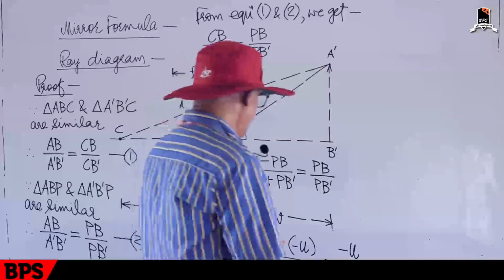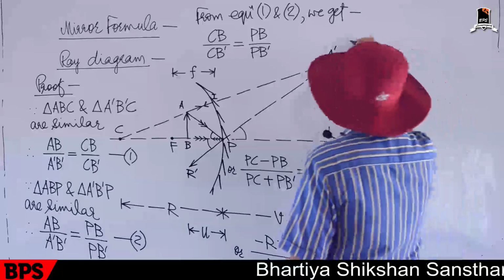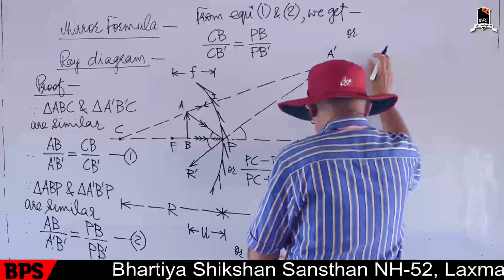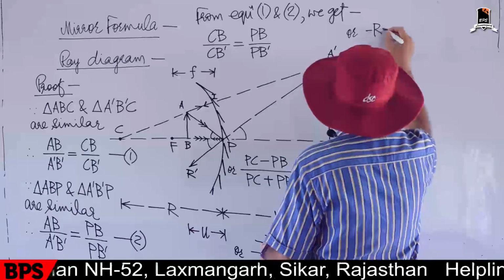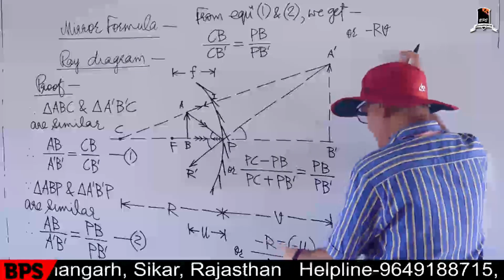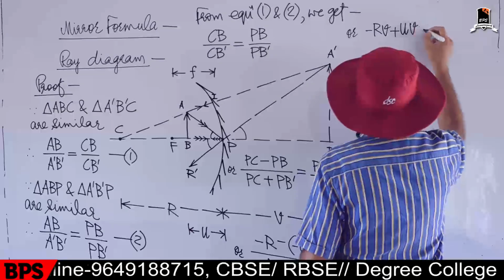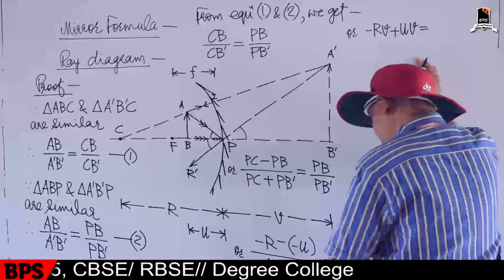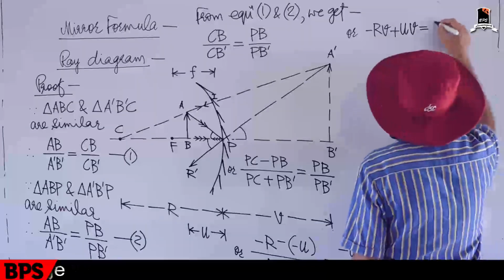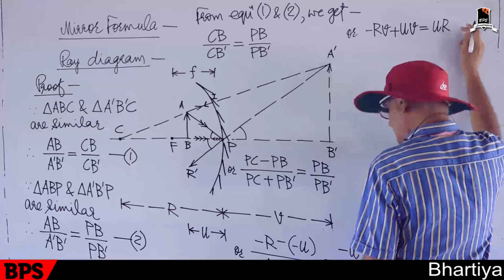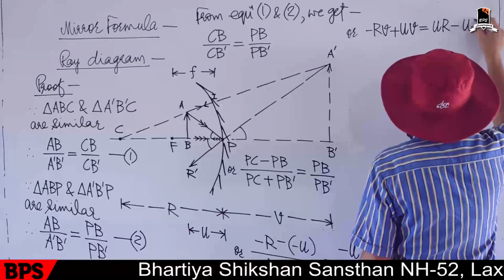Now cross multiply and then put R equal to 2F. So you can say this equation can be written as minus RV, minus minus plus UV, equal to minus minus plus UR, and plus into minus becomes minus UV.